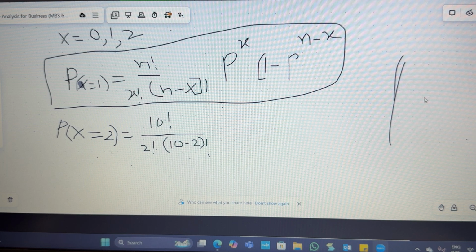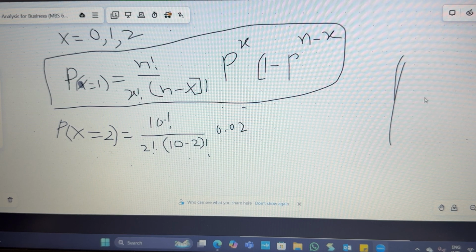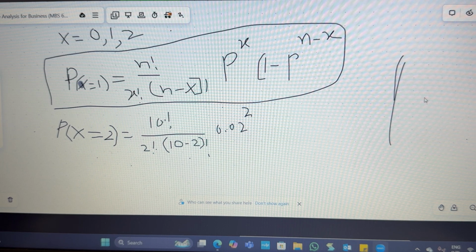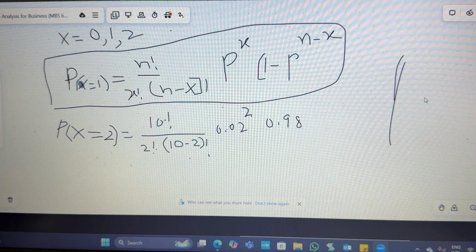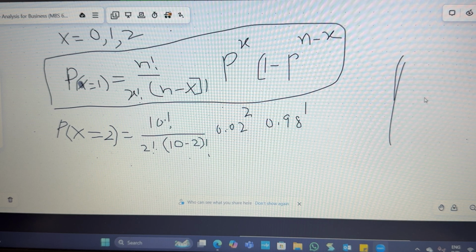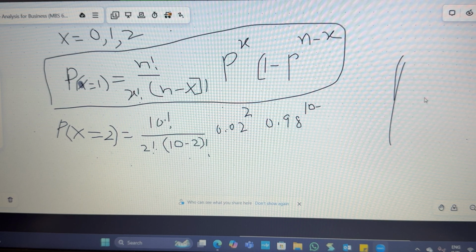Then p is 0.02 to the power 2, then 1 minus p, which means 0.98, to the power 10 minus 2.